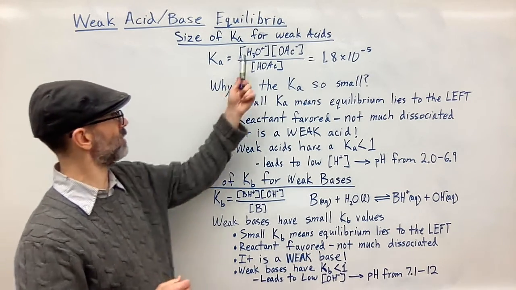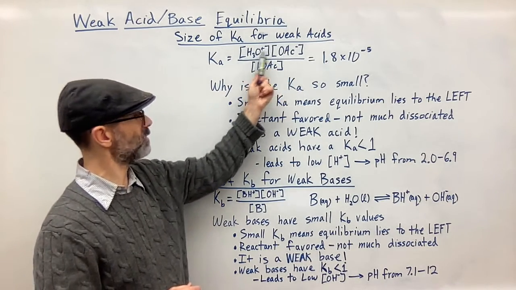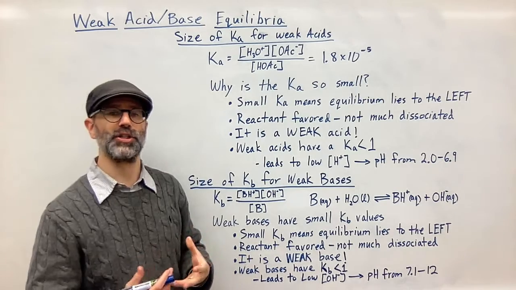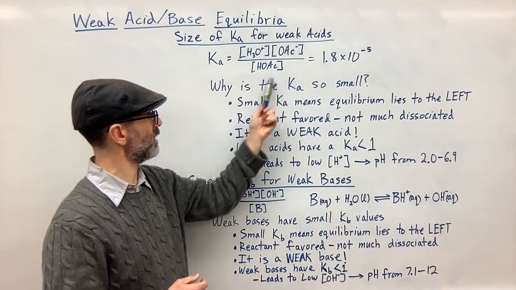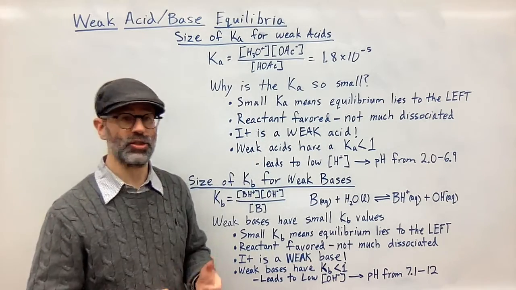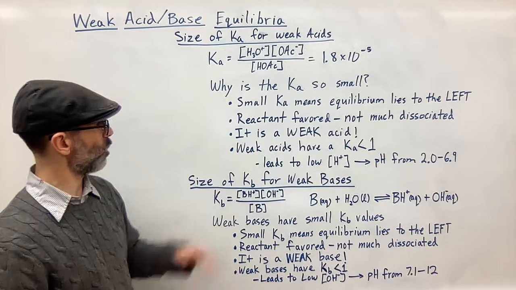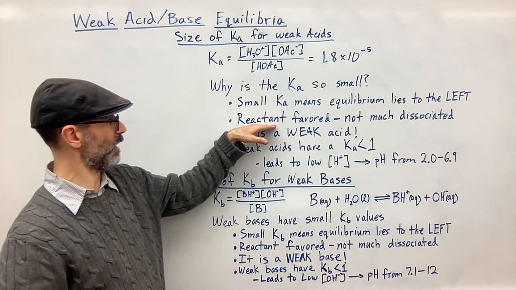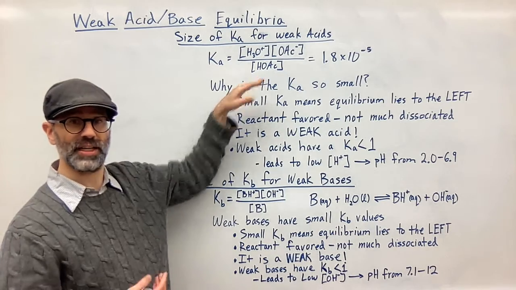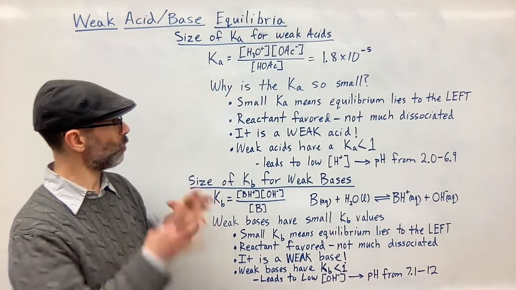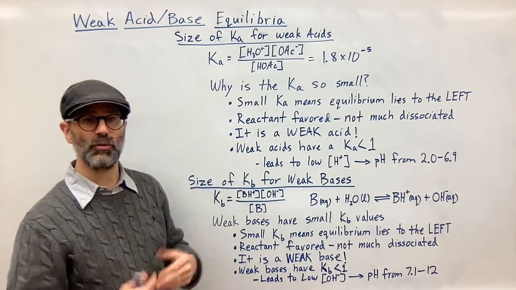So the products on the top are going to be very, very small, and the reactant on the bottom is very large, giving you a very small ratio. Again, that means it's reactant favored, meaning that very little of the acid is ionizing. Most of it stays together. And that makes sense because this is a weak acid.